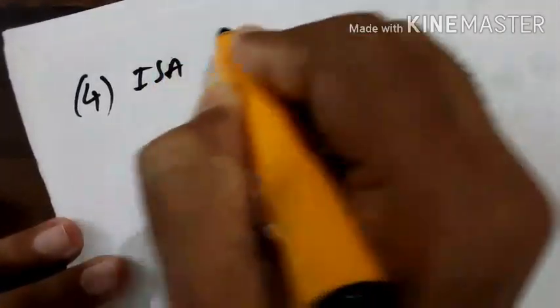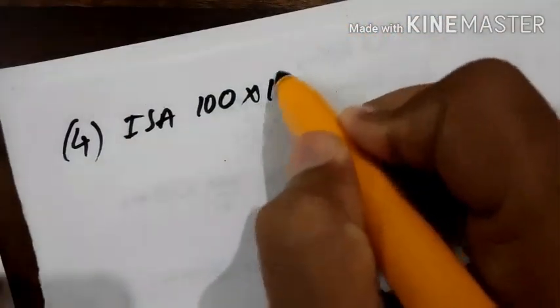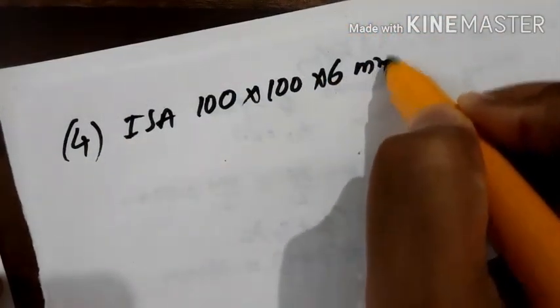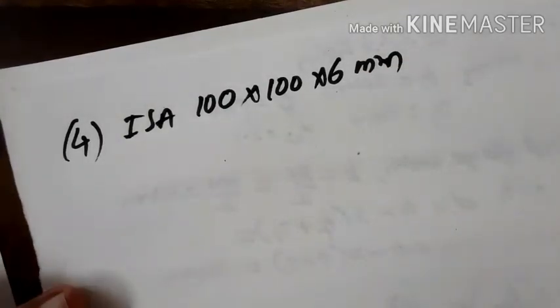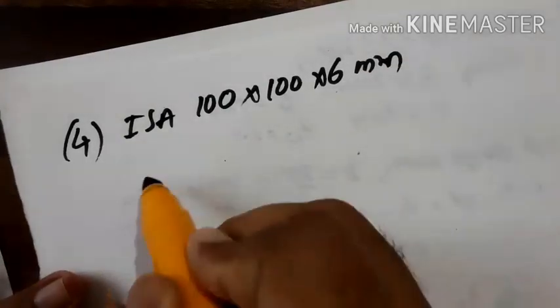Okay, so let us take that angle section, the fourth one, and check in which classification it lies. I'll take the angle section ISA 100 by 100 by 6 mm. Again, for this also refer to the steel table and take all the properties.